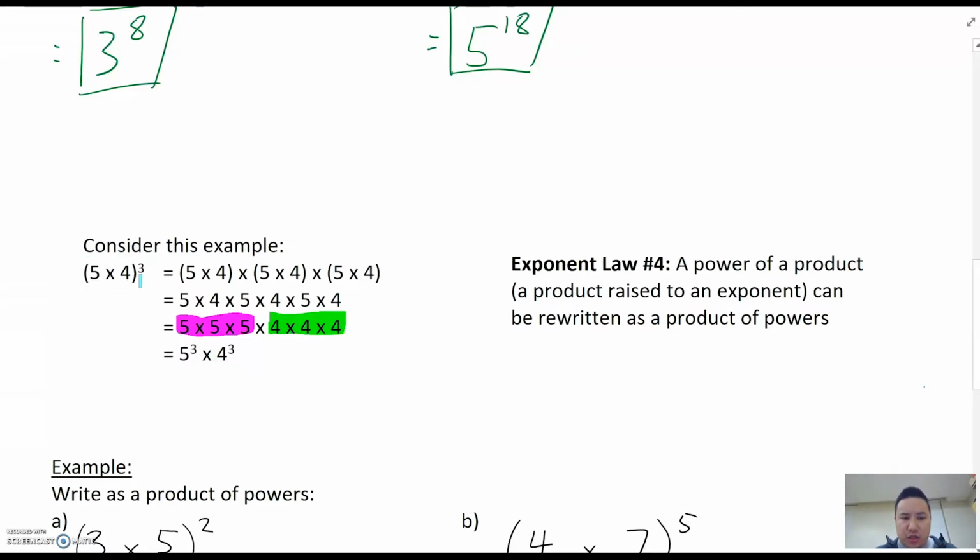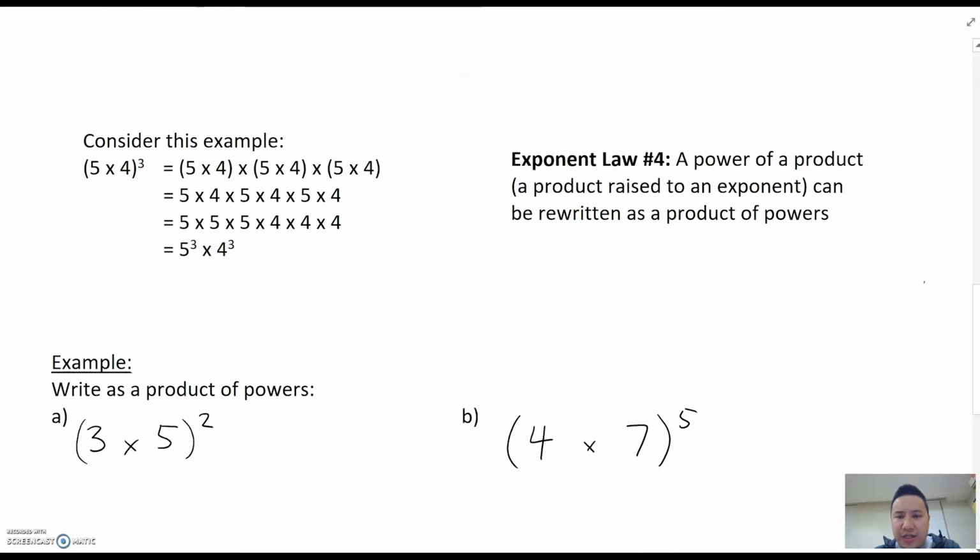This is called the product of powers exponent law. So it says a power of a product, which means if I slap the exponent onto some multiplication, okay, that's a product, it can be rewritten as a product of powers. What that means is I'm going to end up with 2 powers that are multiplied together.